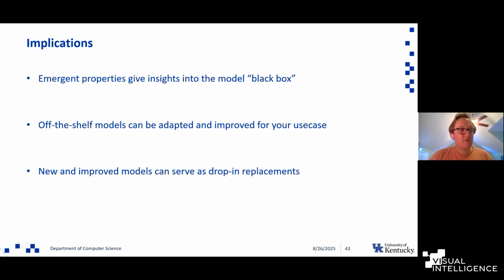And one message I would like to leave is that off-the-shelf models can be adapted and improved for a variety of tasks. As we saw with DINO, it was trained on a self-supervised loss, but it's applicable to so many different tasks, and just more and more are being discovered. Over the years, it was a slow start with segmentation, and then they added depth estimation and so on.